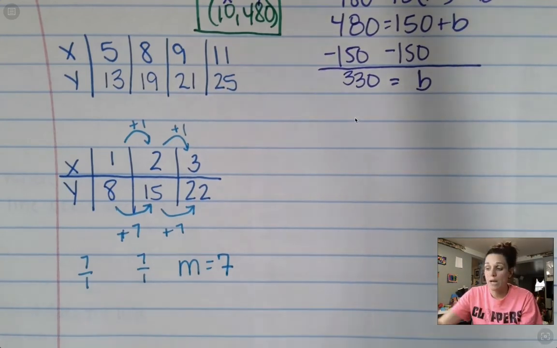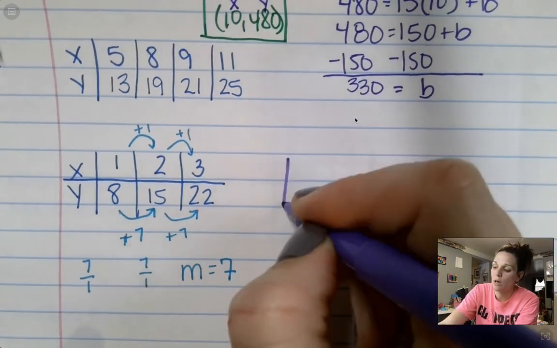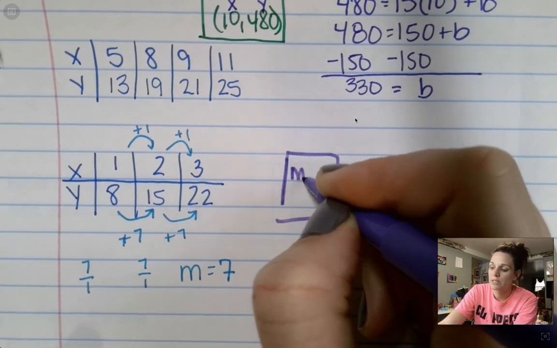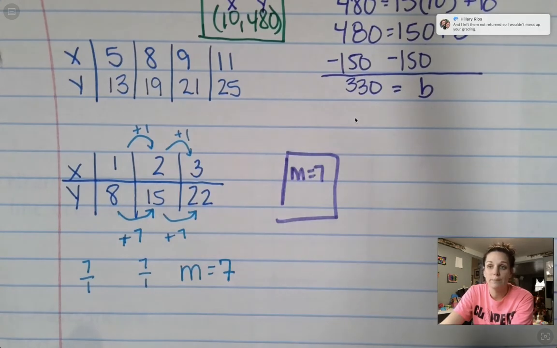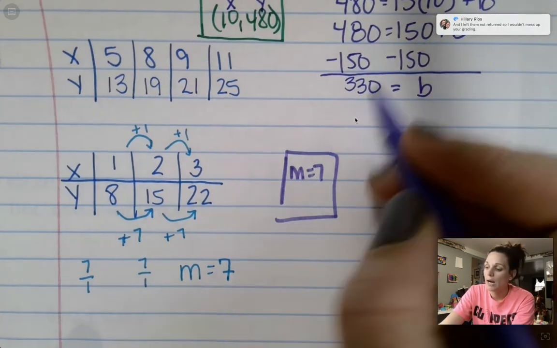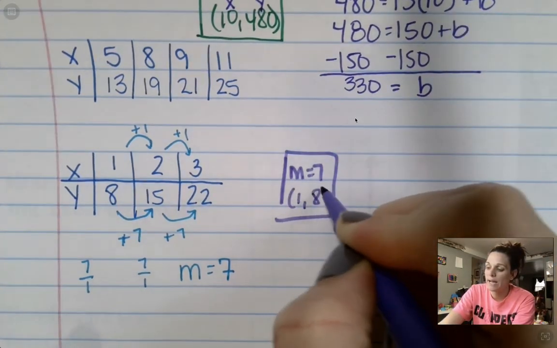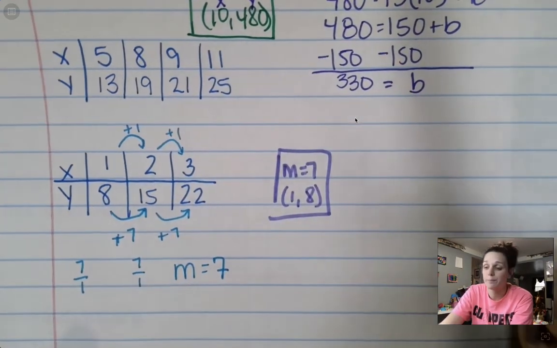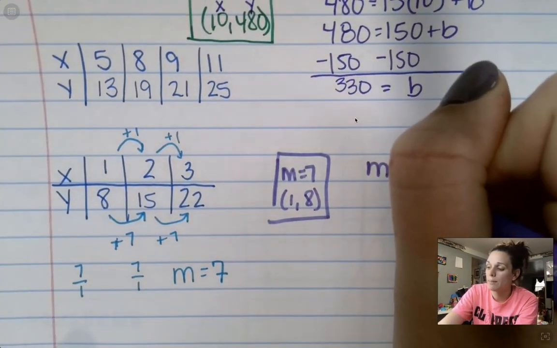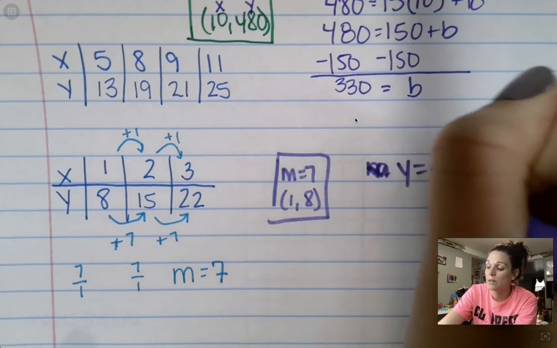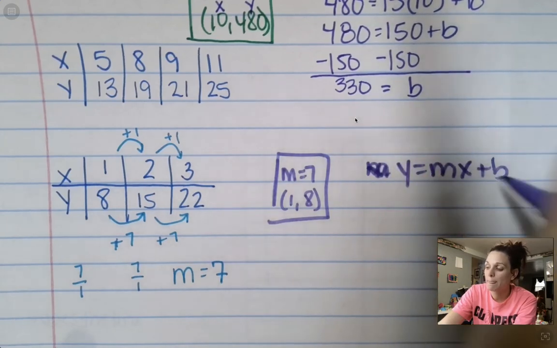All right, so now we have to find the y-intercept. So I'm going to steal my information. So we're going to steal that m is 7 that we just got. And then we're going to steal 1, 8 because, well, why not, it's the one with 1. So we're going to start with y equals mx plus b.